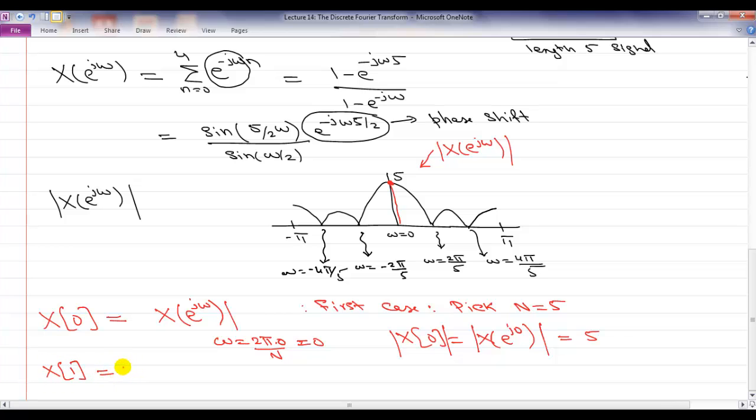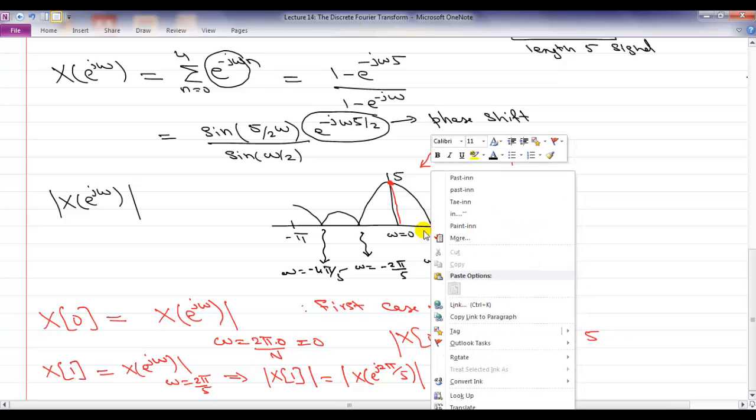X of 1, by definition, is simply equal to X of e to the j omega at little omega equal to 2 pi by 5. So this means that the absolute value of X of 1 is the absolute value of X of e to the j 2 pi by 5. So X of 1 is the sample of the DTFT at omega equal to 2 pi by 5.